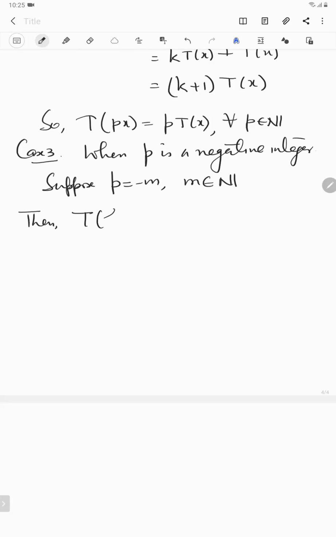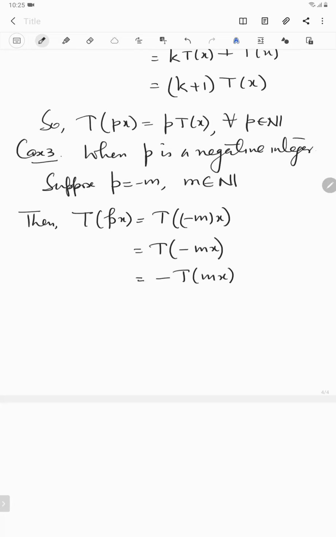t of px is equal to t of minus mx. This is one of the most fundamental properties. Now this is equal to minus t of mx.